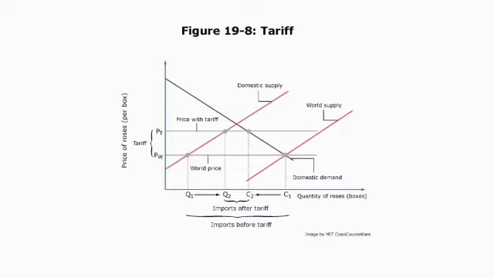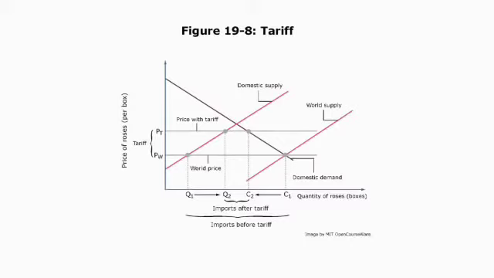What that does is that consumers, at that higher price, now only want C sub 2 roses. That's where the price intersects demand. They wanted C sub 1 roses without the tariff, but now only C sub 2.